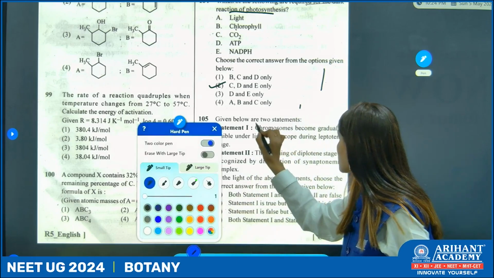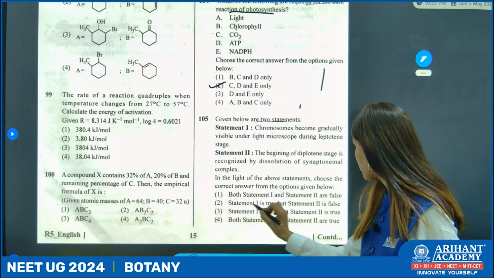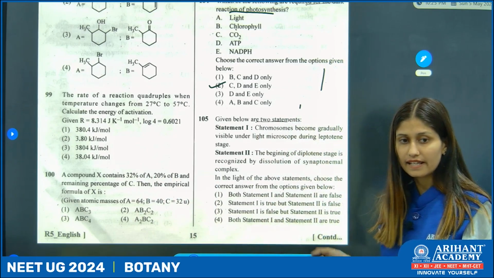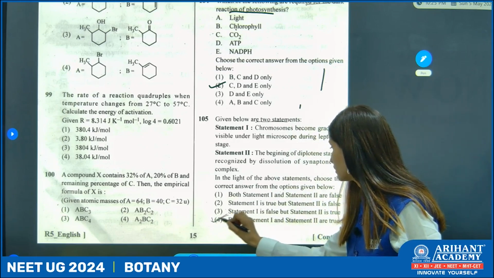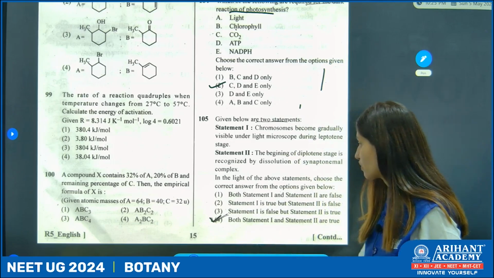Both statement 1 and statement 2 are correct as they are direct statements. The fourth option is the right answer for 105. Let's see the next question.